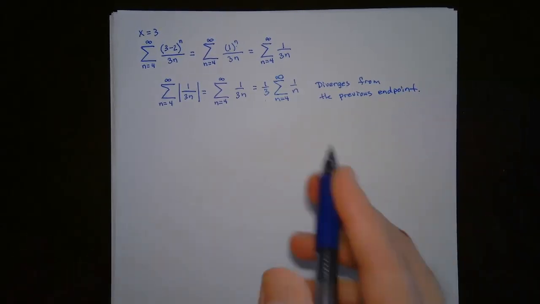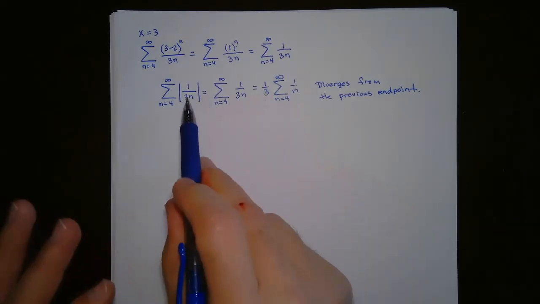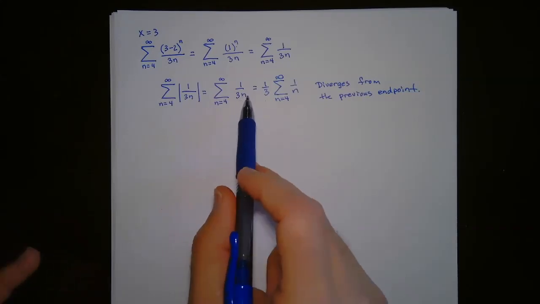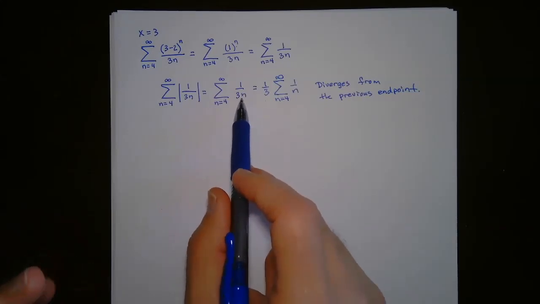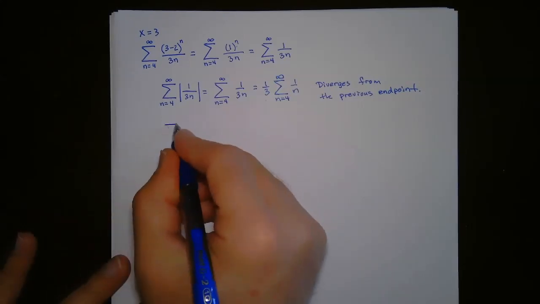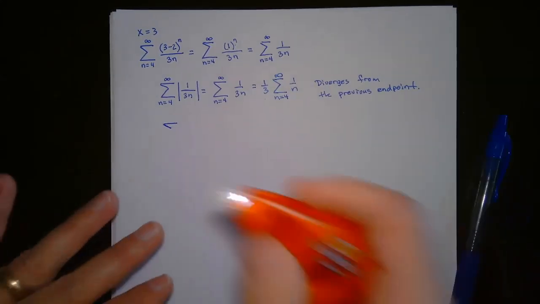Okay, so we know this diverges, right? So what do we know? It's not absolutely convergent, but it gave us the original series, right? So that also means that it's not conditionally convergent. So what we now know is that this is the original series, we just say the series.